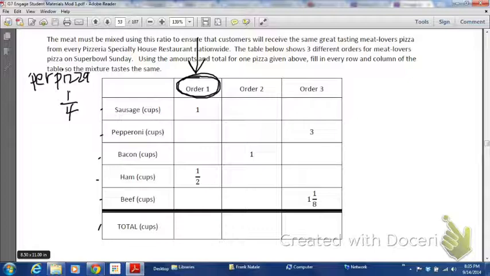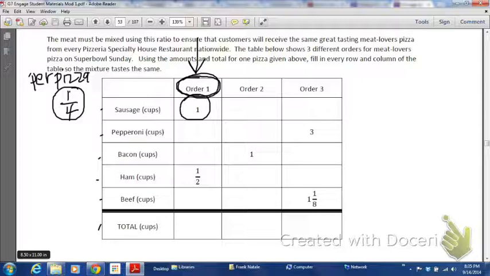So if normally it's 1/4 of a cup of sausage for 1 pizza, then how many pizzas, or how many have we multiplied this by in order 1? How many pizzas are we talking about here?